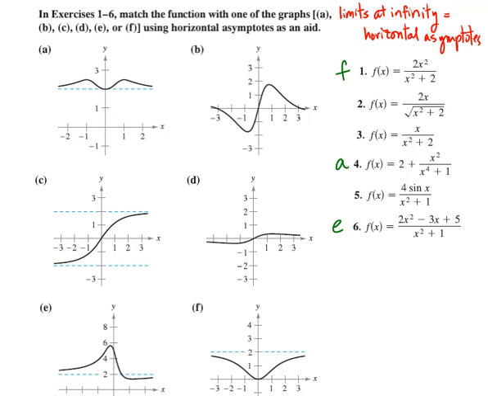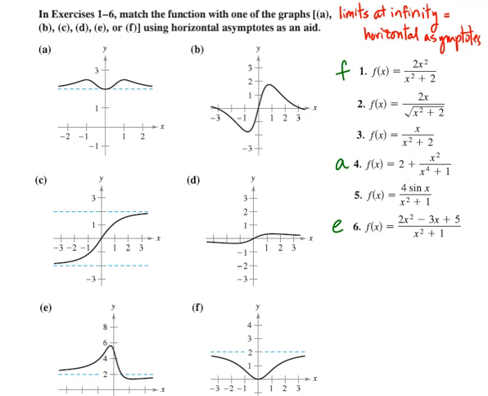Now as you go to positive infinity, x is positive, and x squared is always positive. But as you go to negative infinity, x will be negative and x squared again will always be positive.